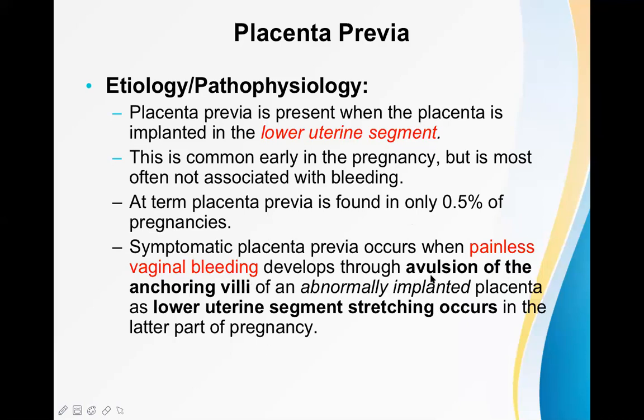This occurs because of avulsion or separation of the anchoring villi of an abnormally implanted placenta at the lower uterine segment, because it got stretched. The lower uterine segment gets stretched and thinner in the later half of the pregnancy, and that can simply cause separation of the anchoring villi, which leads to hemorrhage. So this is how hemorrhage occurs in placenta previa.